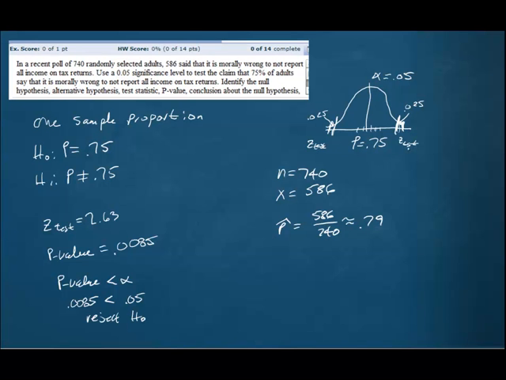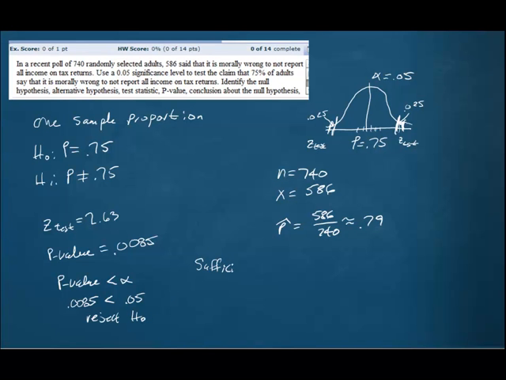Well, that's what happened, because we found that our p-value is 0.0085. Well, the only way that the p-value, which is the area in the tail outside of the test value, can be less than alpha is if we have this situation where the test value is larger than the critical value. So we'll reject the null hypothesis, and we could write our conclusion in this way.